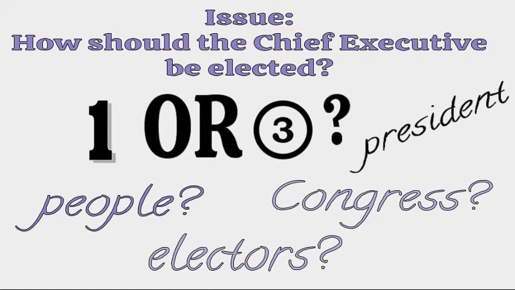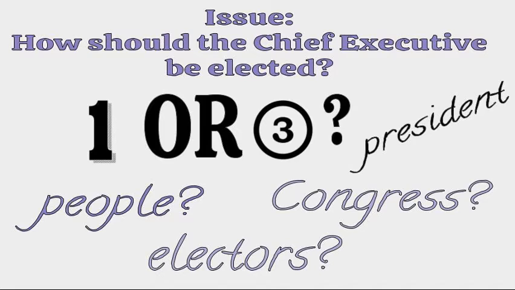Equally troubling was the issue of how to choose the chief executive, since some delegates wanted Congress to actually appoint the president. Several delegates thought that the people should elect the president. But James Madison argued that voters would naturally vote for someone in their own state. As a result, this method would not be fair to candidates from small states.